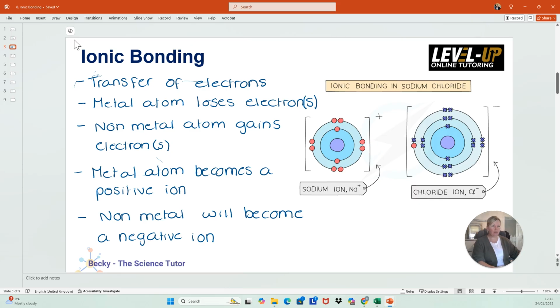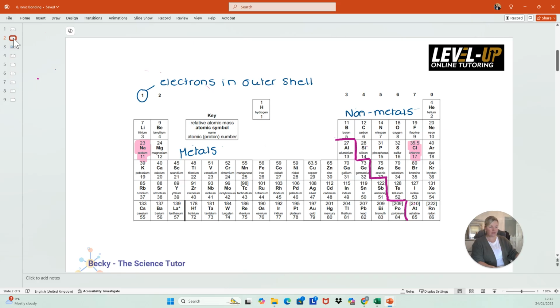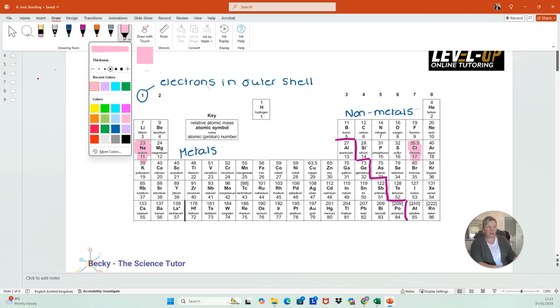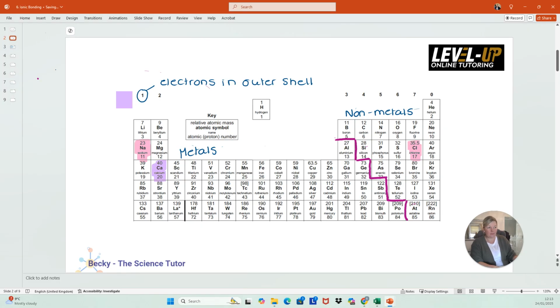And when I show you some exam questions in a short while, we'll see that some of the harder ones will use something a little bit more unfamiliar, so bringing in that unfamiliar context, and it might give you calcium that has 2 electrons in its outside shell, and it might give you fluorine that's got 7. So if calcium's got 2 electrons in the outside shell, we're going to need 2 fluorine atoms to each gain one of those electrons that are being lost. But we'll see that in some of the examples that we look at in a little while.